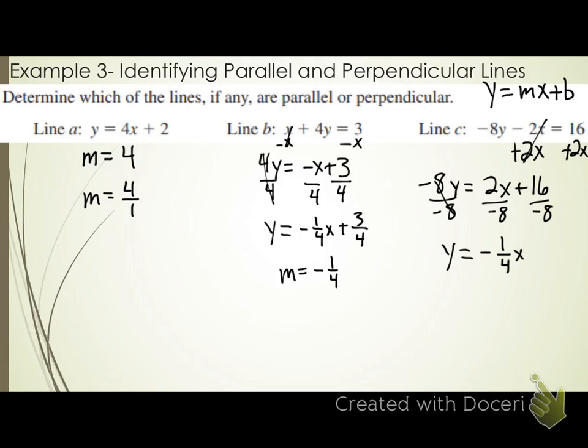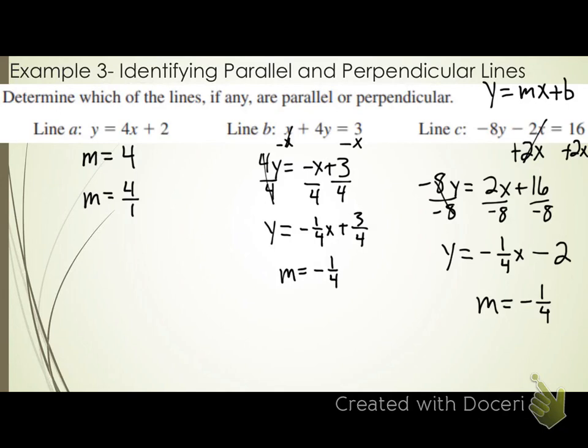That'd be negative 1/4 x. 16 divided by negative 8 gives me negative 2. This is now slope-intercept form. What number is being multiplied by x? What number is my slope? Negative 1 over 4. Negative 1/4. Okay? Any questions on how I found any of my slopes here?